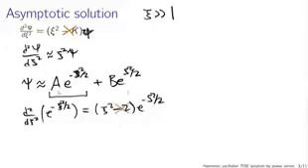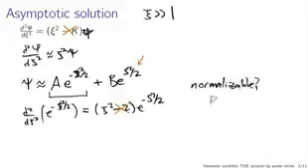In order to have a normalizable wave function, this asymptotic behavior can't have any of this in it. So if we want our wave function to be normalizable, then b must equal 0. That's a requirement.